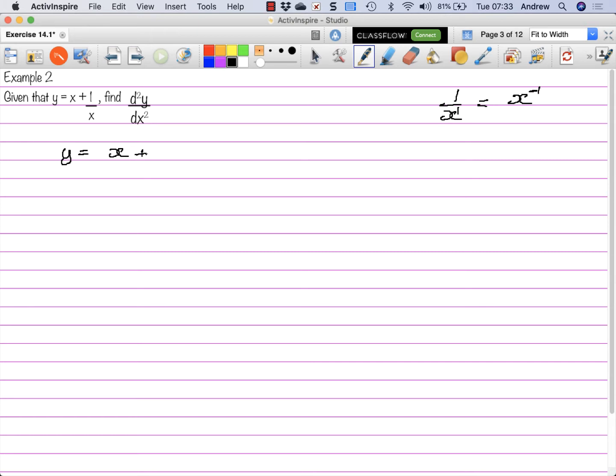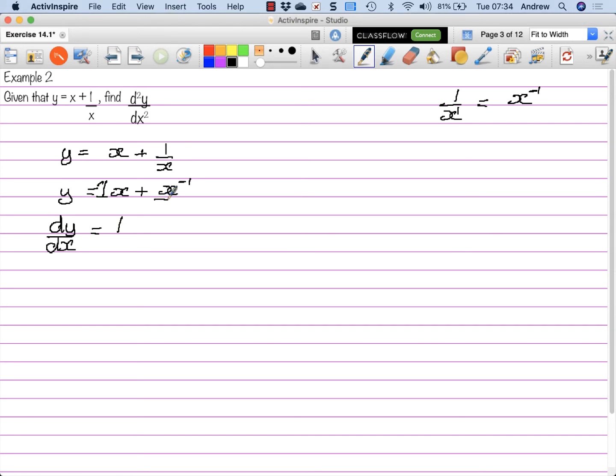So x plus 1 over x has to be rewritten as y equals x plus x to the minus 1. Now we're going to differentiate for the first time. dy dx is equal to, well, when we differentiate x, we've got to remember there's a 1 at the front. So we differentiate 1x, we're left with 1.